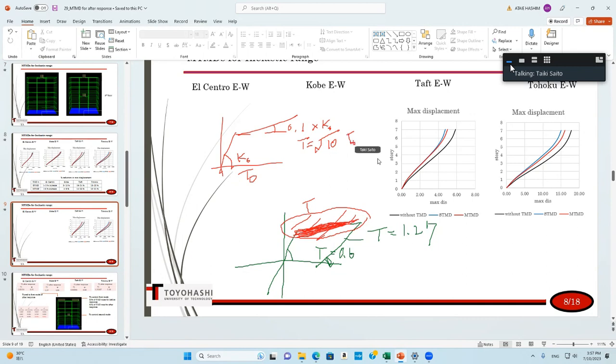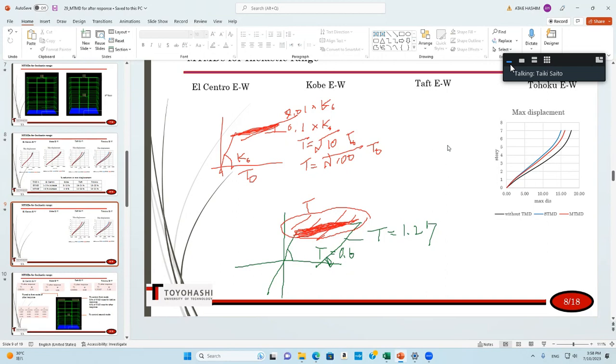And if this is 0.01 multiplied by K0, the natural period of the second slope is square root of 100, that is 10 times T0. So I don't know for sure, but if you input large excitation, there is a chance the building will enter the nonlinear range.